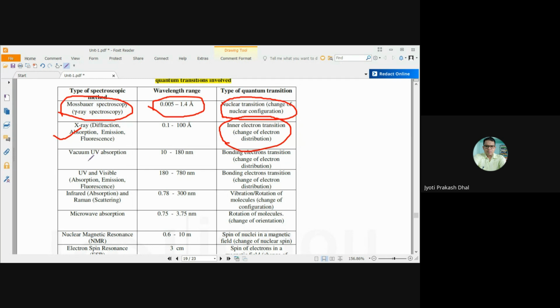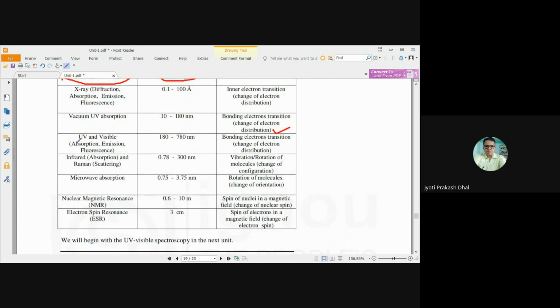The next one is vacuum UV absorption, having a wavelength range of 10 to 180 nanometer, with bonding electron transition, that is, change of electronic distribution. The next one is UV and visible, which also includes absorption, emission, and fluorescence spectra, in the wavelength range 180 to 780 nanometer. That is bonding electronic transition.